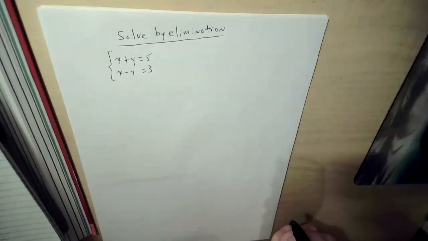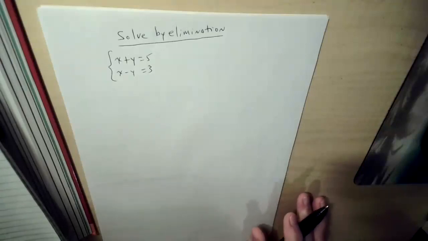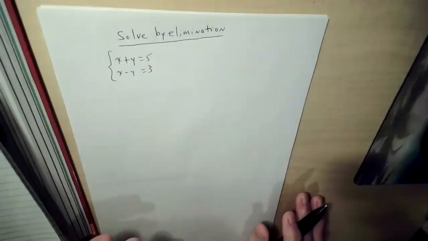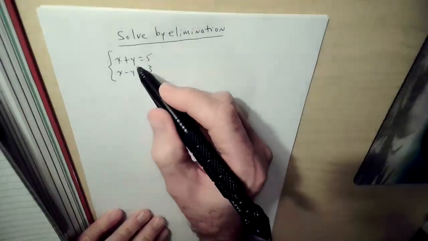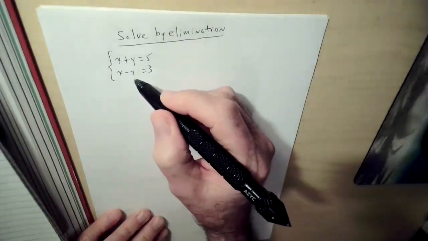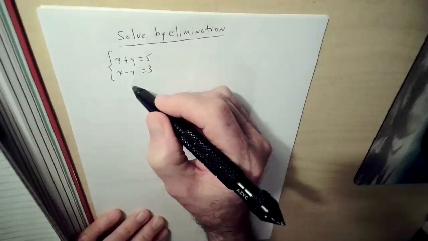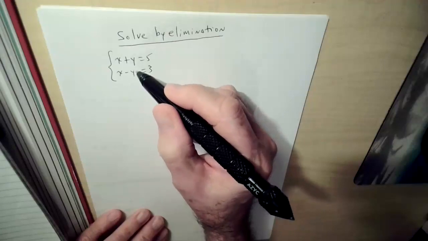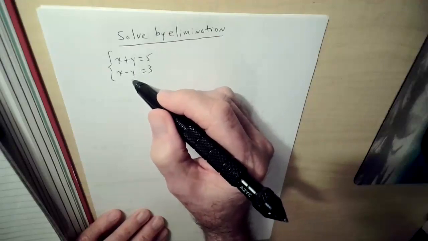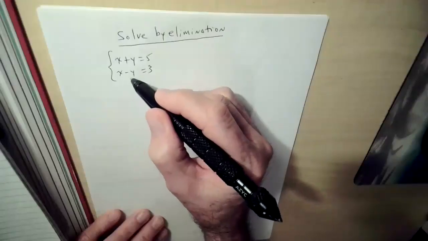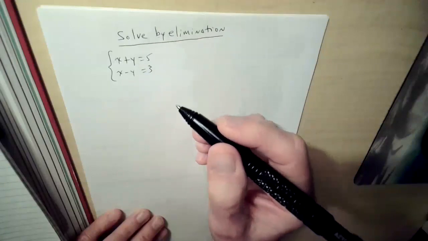We're going to add the two equations together, this one plus this one, and when we do, we're going to eliminate one of the variables.